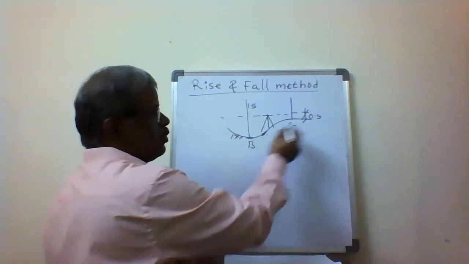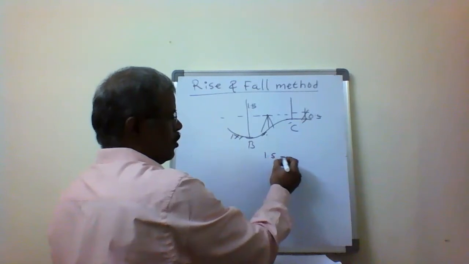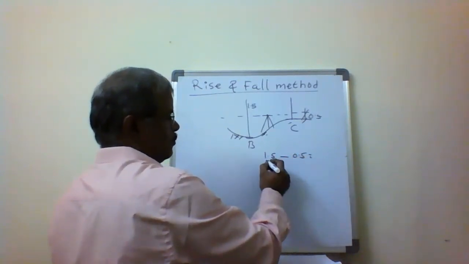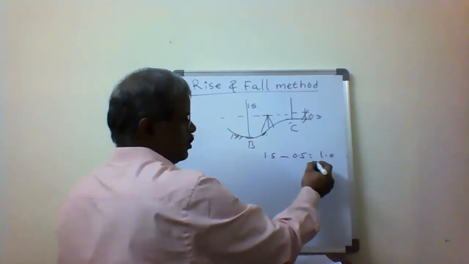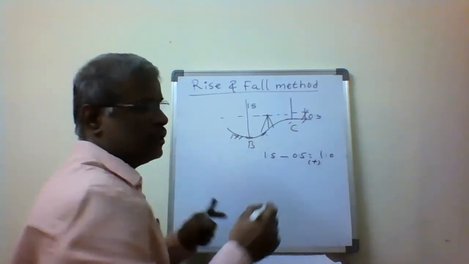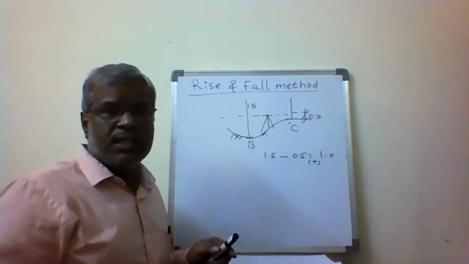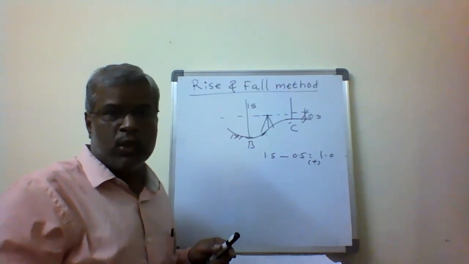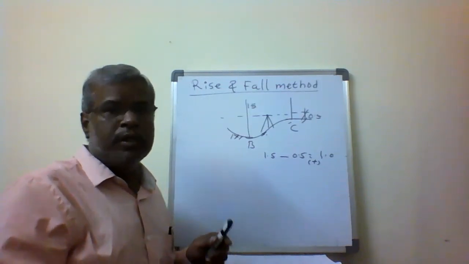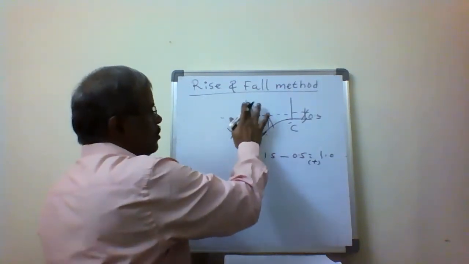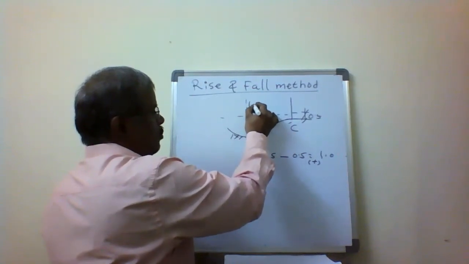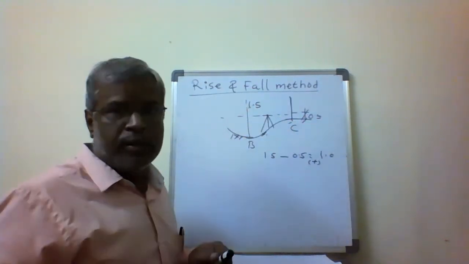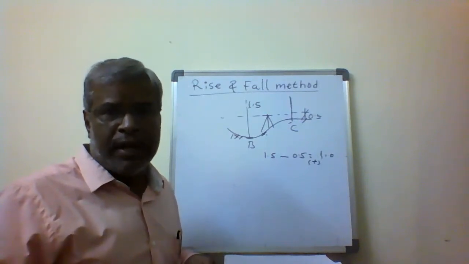Now the difference B to C is 1.5 minus 0.5, which is 1. So positive means that with respect to B, C is at a rise. C is at the higher elevation. The staff reading at B is 1.5 and the staff reading at C is 0.5. That means the C point will be at a higher level than the B point.